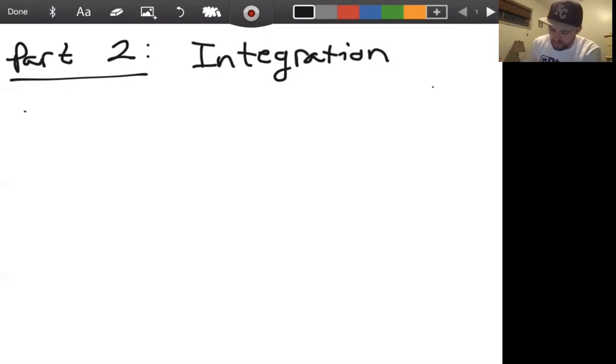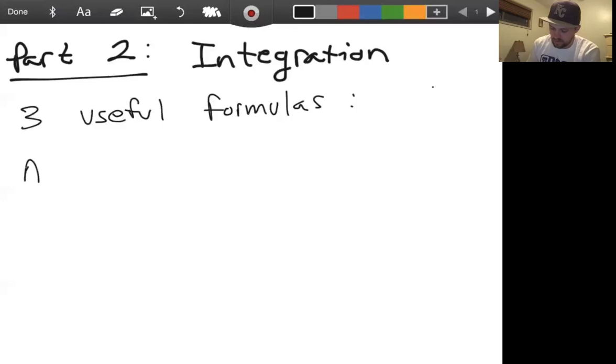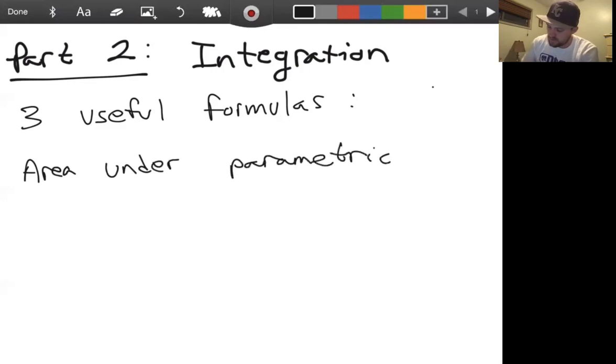So we're going to derive 3 useful formulas. First one will be area under a parametric curve. So that'll be the first one.